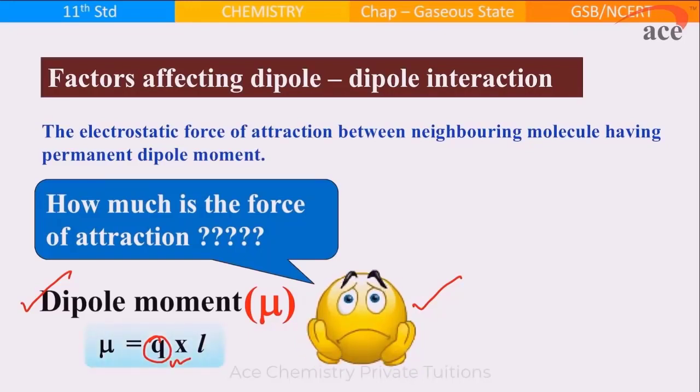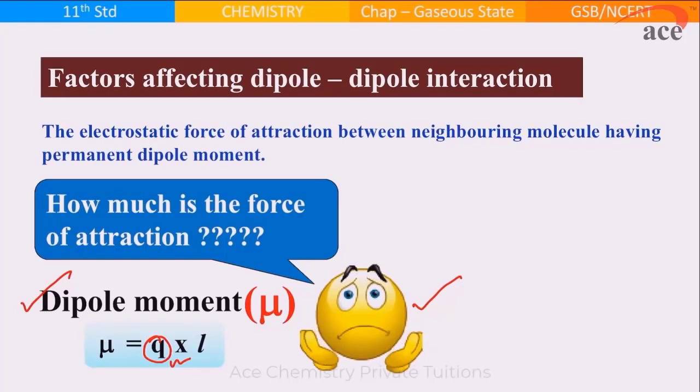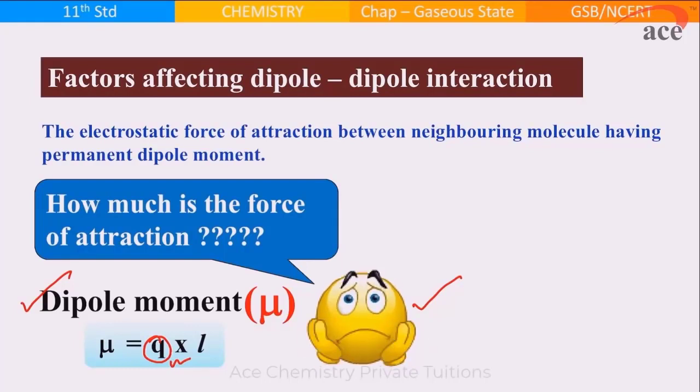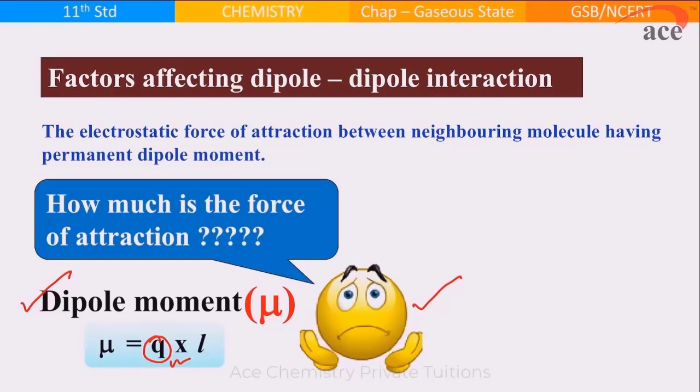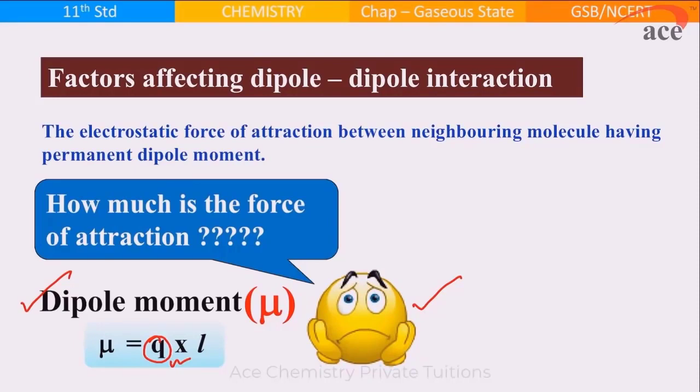So mu is equal to charge into distance, where charge is in coulombs, correct? And distance will always be in centimeter because they are very, very close, or maybe nanometer, or angstrom, or picometer.